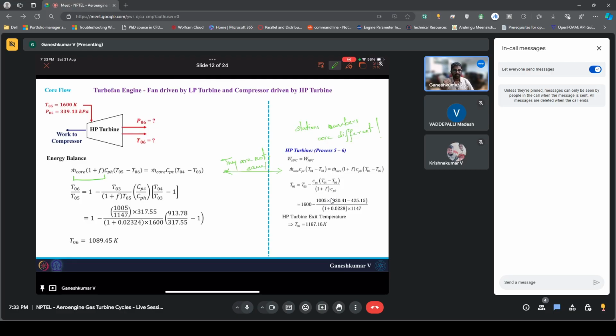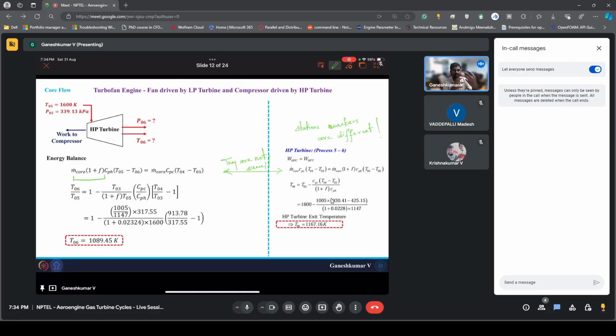So ideally, what would you expect? Should the temperature be increased or decreased? You can clearly see that the turbine exit temperature for configuration 1, which was driving only the high pressure compressor, was higher, while the number we currently found, which is driving the whole compressor, is lower, which means we are extracting more energy out of it.